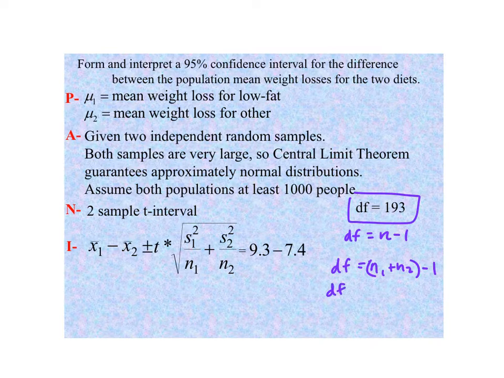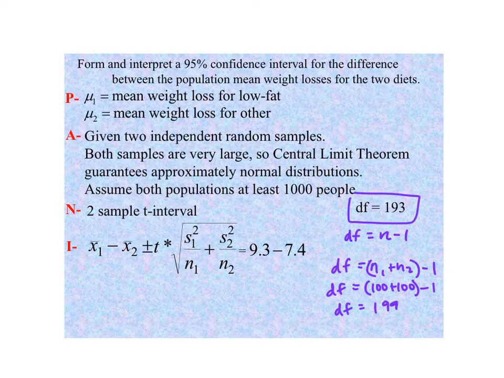So let's try it out. 100 plus 100 minus 1, that's 200 minus 1, which is 199. Okay, that's close, but the true degrees of freedom is 193. And you might ask, where did you get that number from?